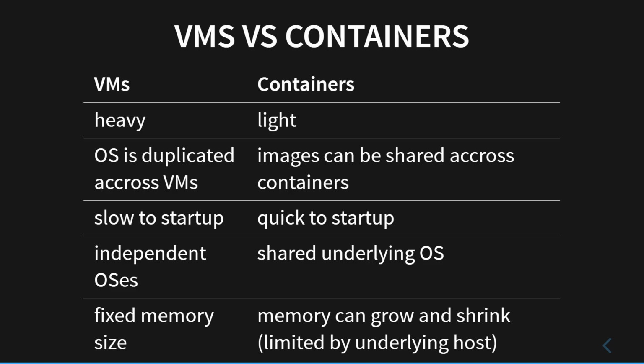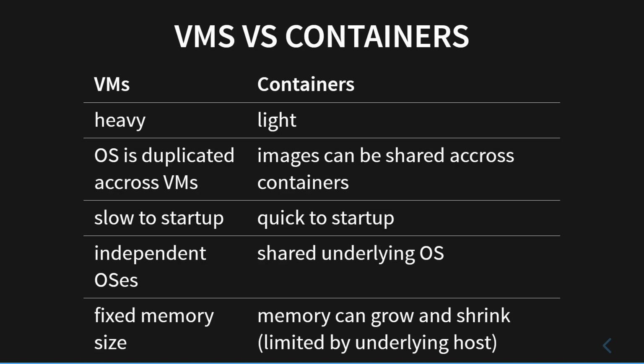So just to summarize the differences between virtual machines and containers. Virtual machines are heavyweight in the sense that they have a complete operating system and a fixed amount of memory that's allocated to them, whereas containers are relatively lightweight. So they just contain the application and the dependencies.